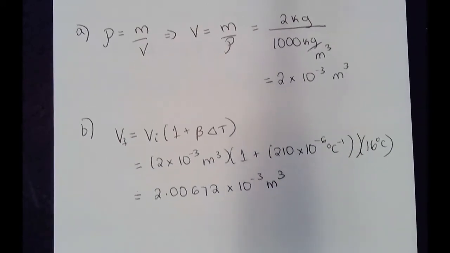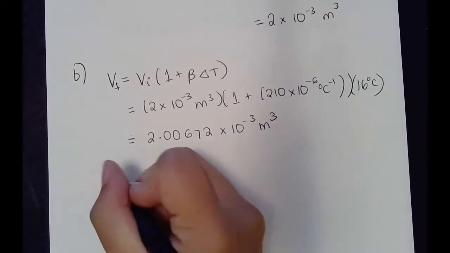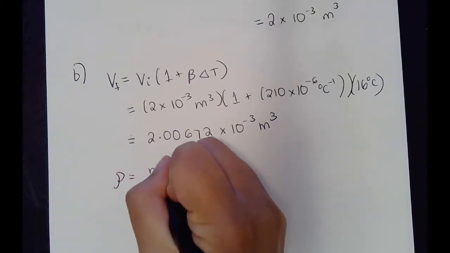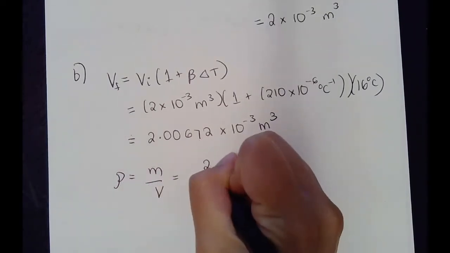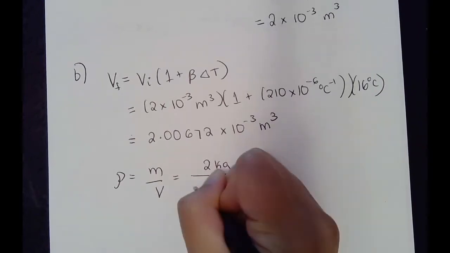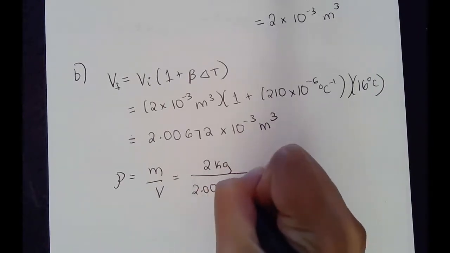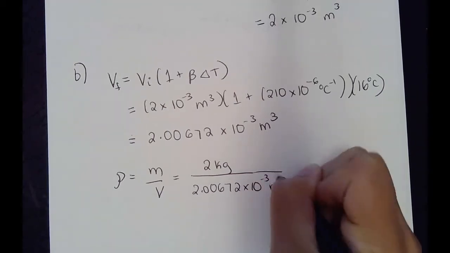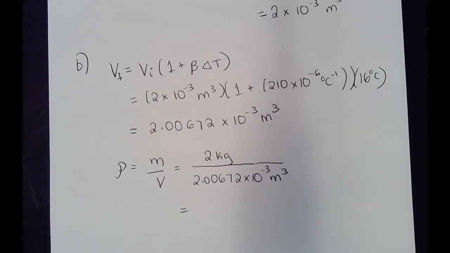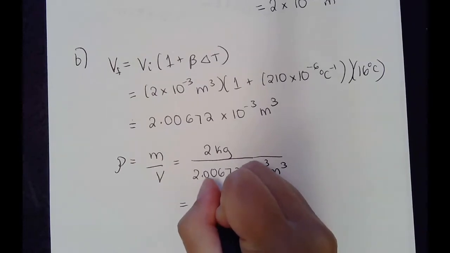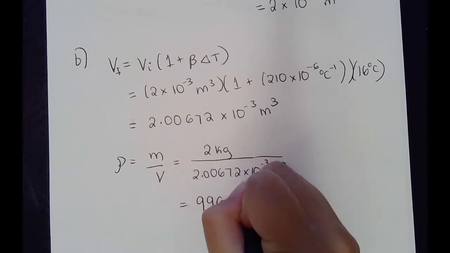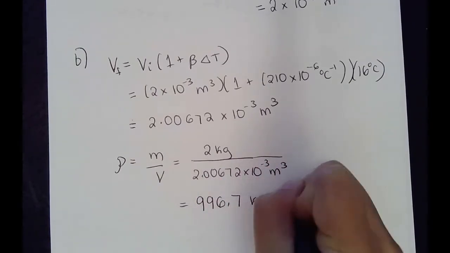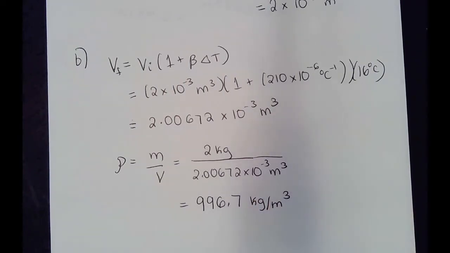Okay, and let's see how this changes the density at 20 degrees. The density is mass over volume, 2 kilograms over 2.00672 times 10 to the negative 3 meters cubed, which gives 996.7 kilograms per meter cubed.